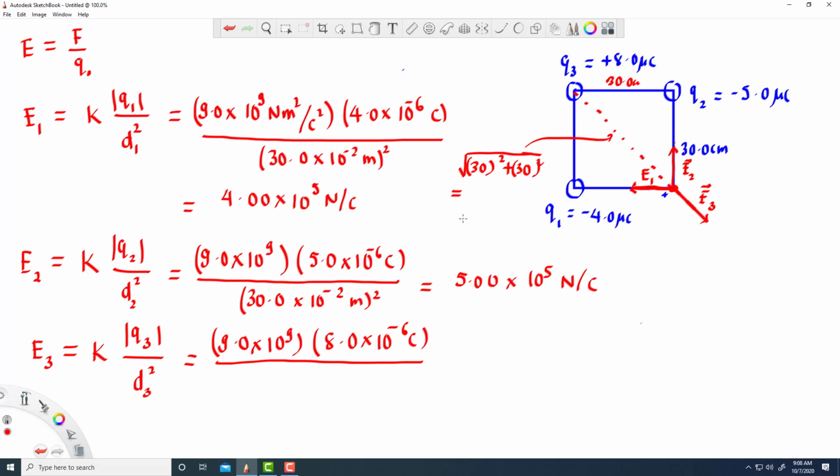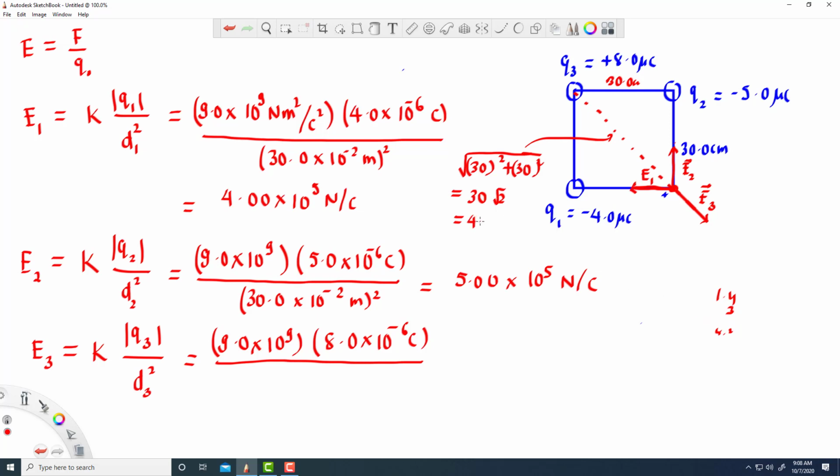What's that? I don't have a number here. So that's 30 times square root of 2. So 1.4 times 3 is 4.2.